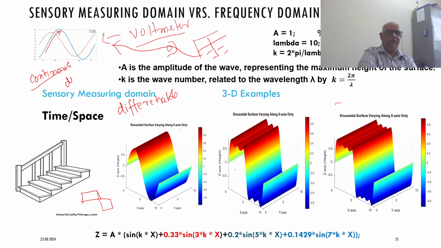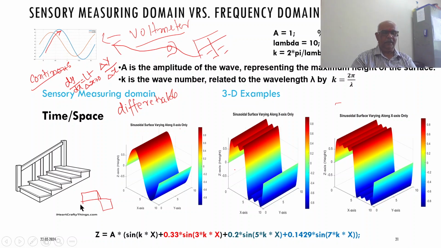So you define dy by dx equal to the limit as delta x tends to 0. That is, for a very, very small change, the change in y with respect to x is called dy by dx. So a sine is a continuous differentiable form, whereas this is not.